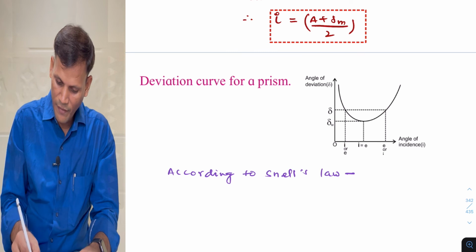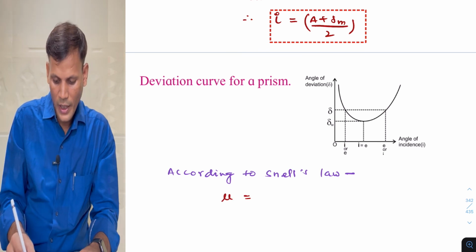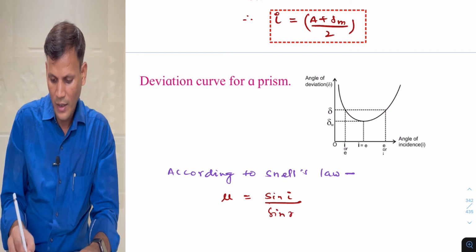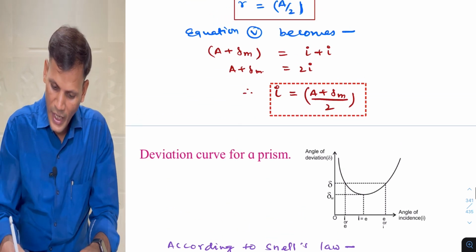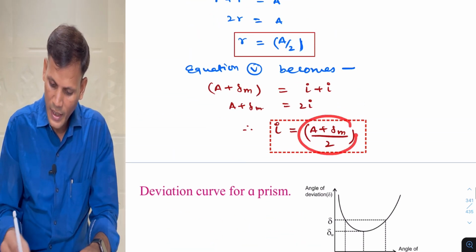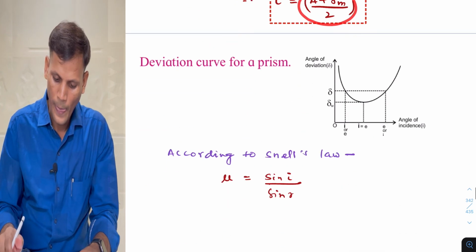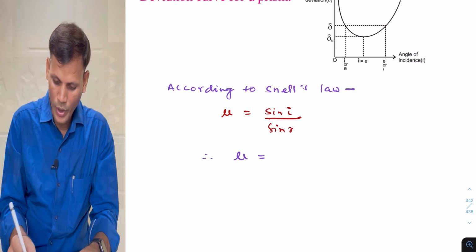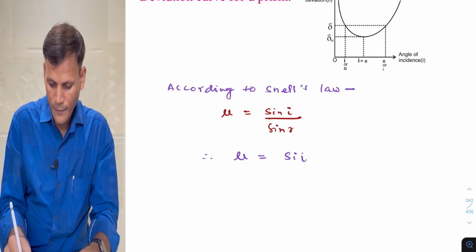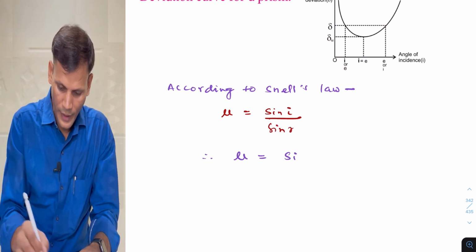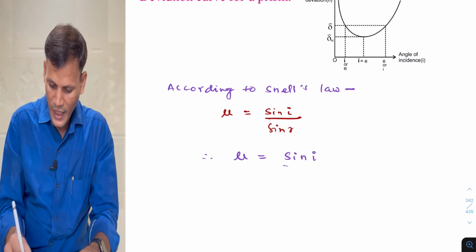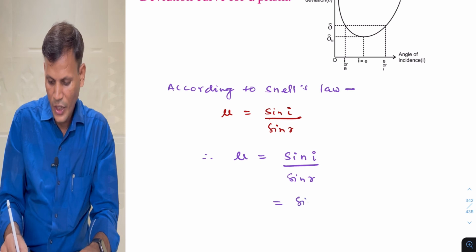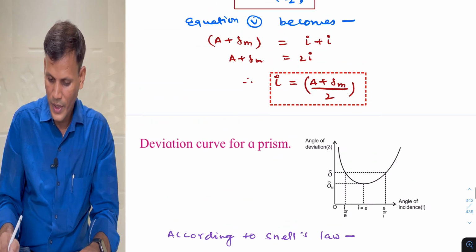We know the refractive index, that is mu, is equal to sin I by sin R. We have calculated I as well as R, so we can write therefore mu is equal to sin I by sin R. But what is I?